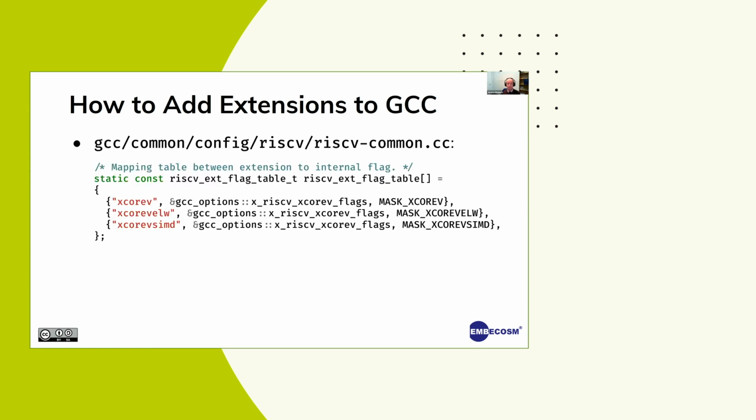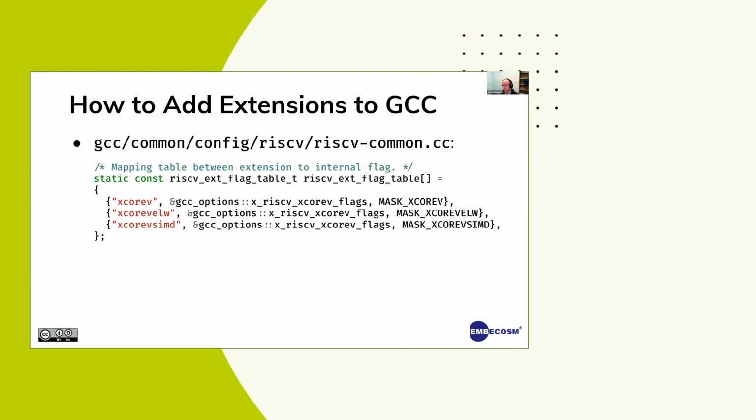Now, what we're going to do is try and map the names. So this table here, which is also in RISC-V common.cc, says if you see XCoreV, then take that variable, xriscv_xcorev_flags, which is part of the GCC options class, and set the mask XCOREV bit, so set 1.